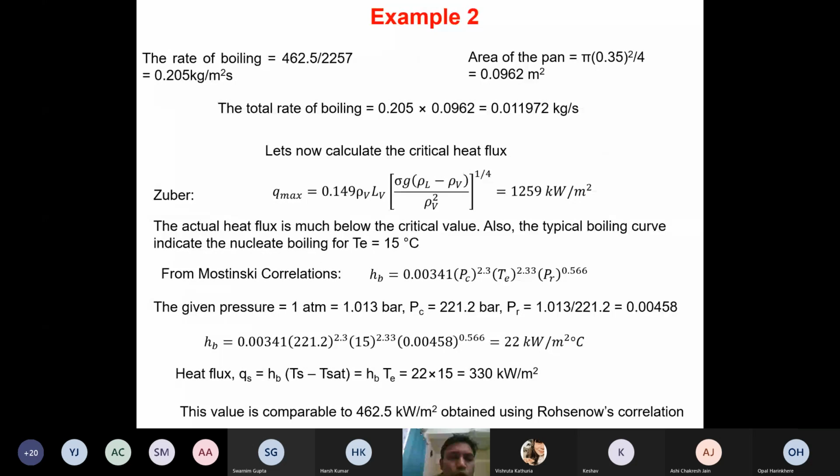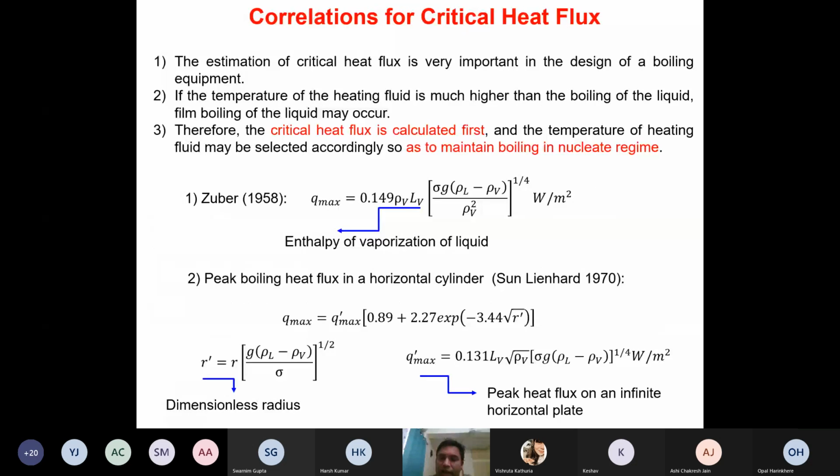I have to check whether it is for the vertical cylinder or not, but I guess it is not. It is a general correlation which can be applied for all the cases. Most likely this is for the boiling in a container.